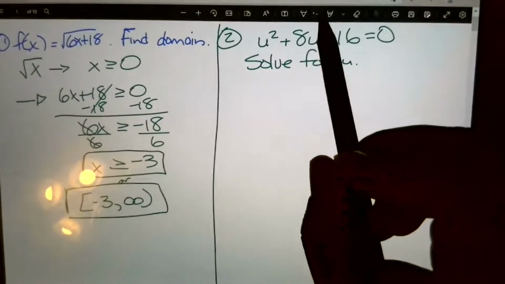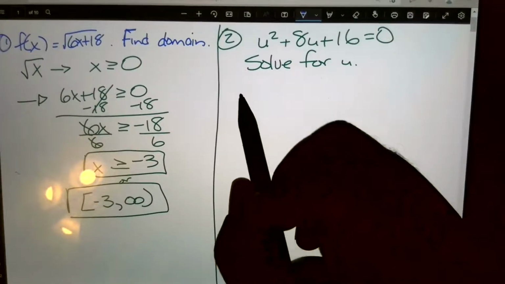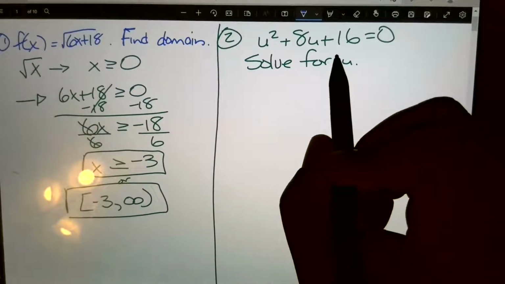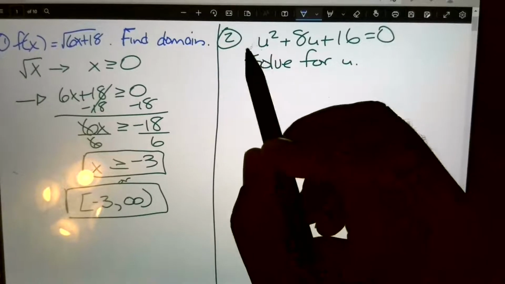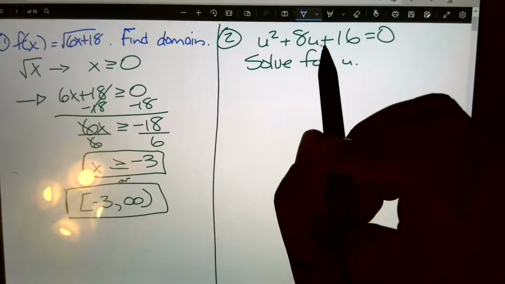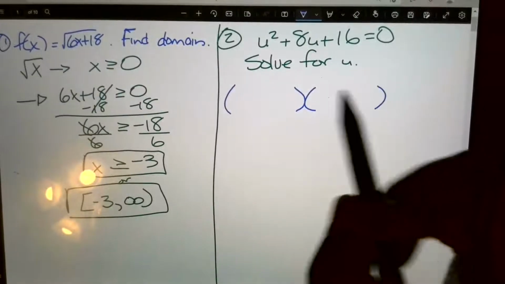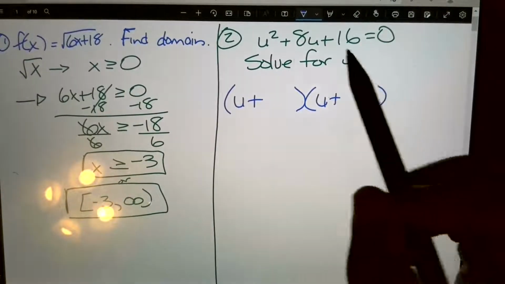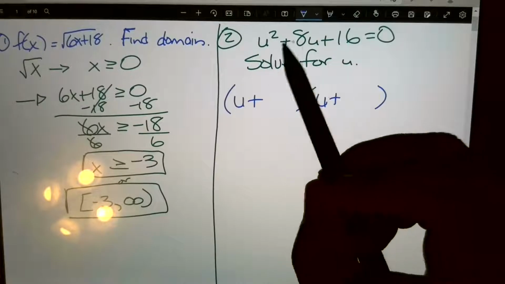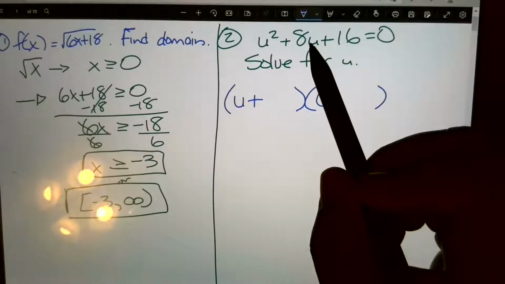To factor this, there are a few different ways, but because the leading coefficient is 1, and both of these are pluses, that means my two factors are u and u, plus and plus. And we ask what two numbers multiply to 16 but add to 8.